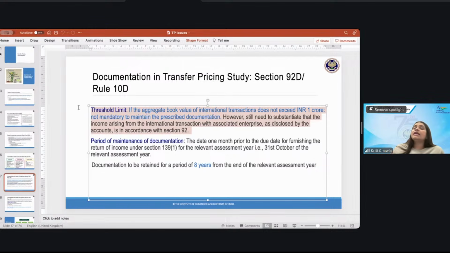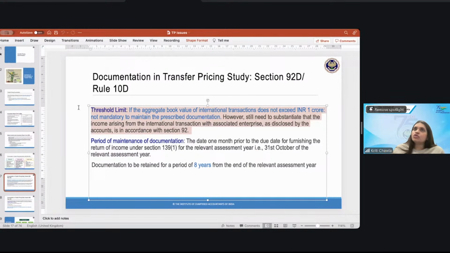But then, even if the threshold is not met, you will still have to substantiate that the international transaction is at arm's length. How will you substantiate that? I mean, let's say as a chartered accountant, we are filing Form 3CEB for someone, and we are saying that this is TNMM that we are actually using.